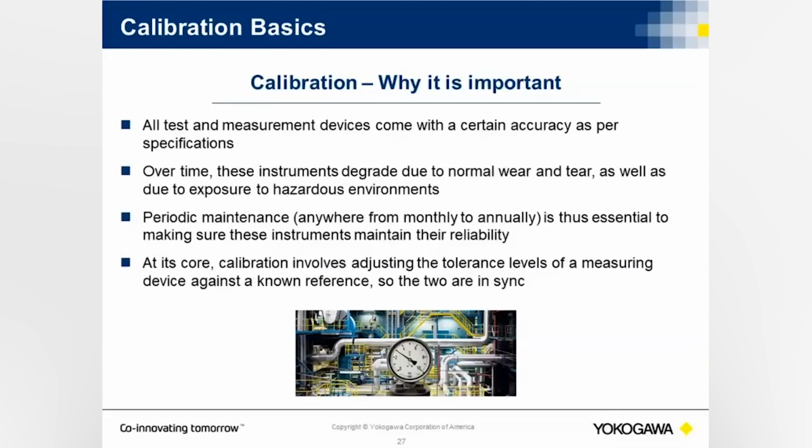However, due to the environments they are exposed to or age of being out in the field, these instruments are prone to wear and tear and degrade over time. Therefore, some kind of periodic maintenance is necessary, anywhere from monthly to annually, to make sure these instruments maintain their integrity. And thus, at its core, calibration involves adjusting the tolerance levels of a measuring device against a known reference so the two are in sync.